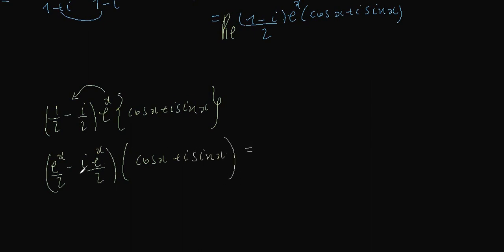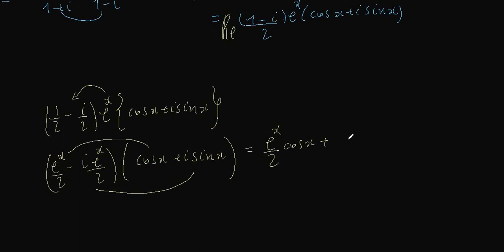and now let's see what's real and what's imaginary here. This cosine times e to the x over 2 is real, so we get e to the x over 2 cosine x. This e to the x over 2 times the i sine x is going to be imaginary, so we ignore that. Then this minus i e to the x over 2 times the cosine is imaginary again, and so the only other real part is minus i e to the x over 2 times i sine x.